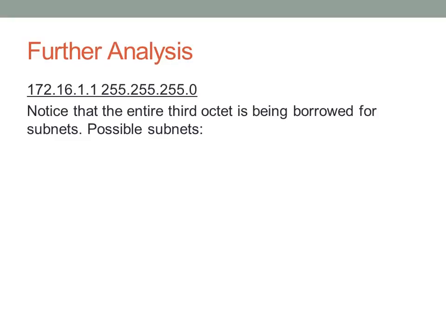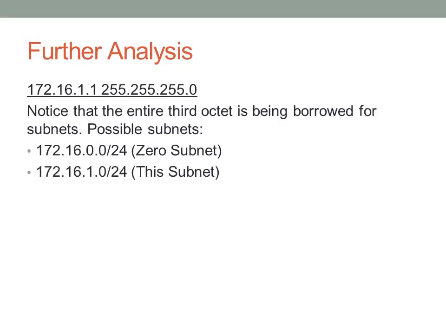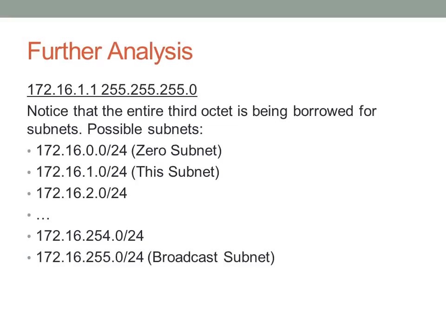So in this case, we've actually borrowed the third octet to be used for this particular subnet. And in this case, we could actually have a number of different subnets. We could have 172.16.0.0/24. We could have 172.16.1.0, which is the network that we're actually talking about in this case. You could also assign 2.0, and so on, all the way up to 254.0, and finally 255.0.